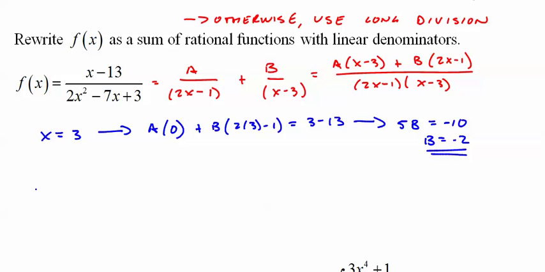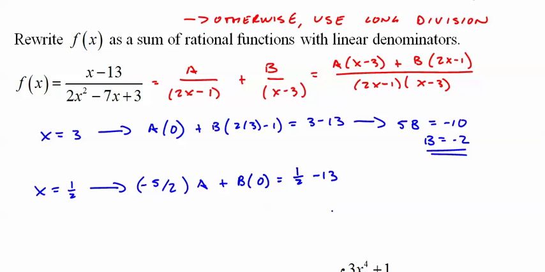Then we say, what if we made x 1/2? We'd get negative 5/2 times a plus 0 times b equals 1/2 minus 13.